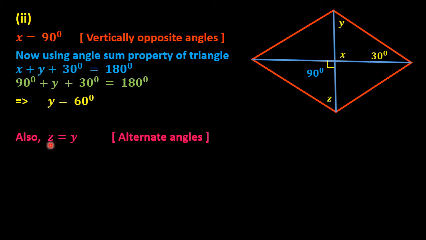So here I have written z equals y because they are the alternate angles, and z equals 60 degree because the y value we have got is 60 degree. So we have got the value for x which is 90 degree, value for y is 60 degree, and value for z is also 60 degree.